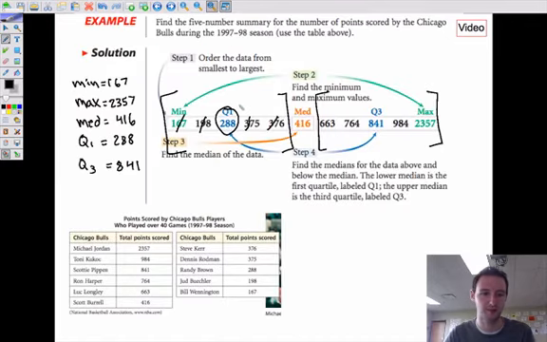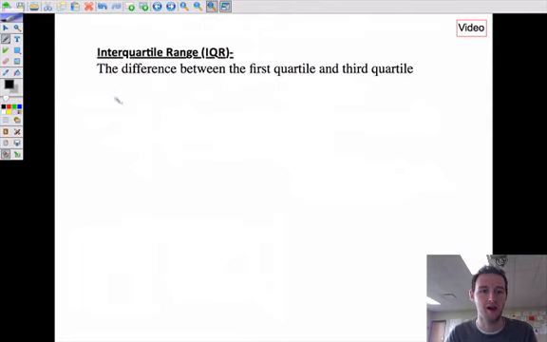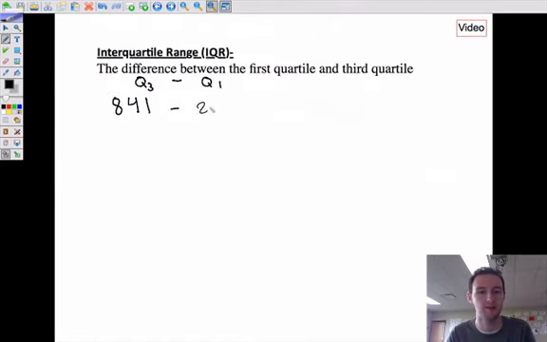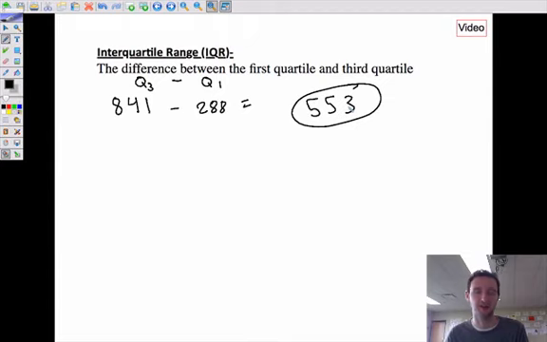For that last example, 841 was Q3, and I'm going to subtract Q1, which was 288. All you have to do is subtract them: 841 minus 288 is 553.